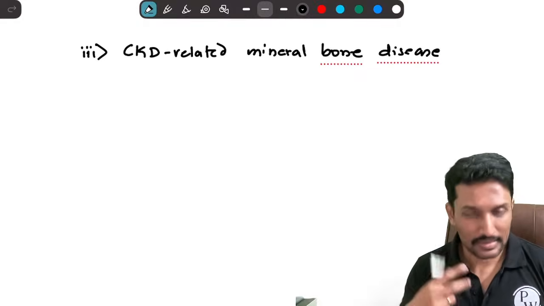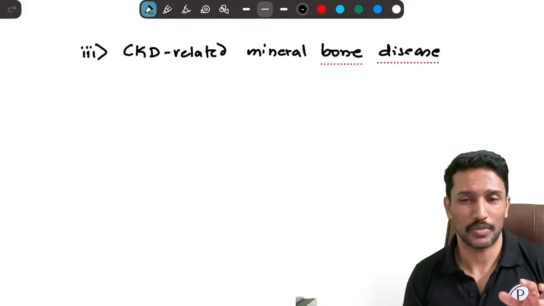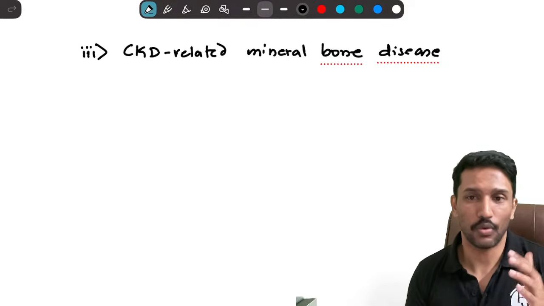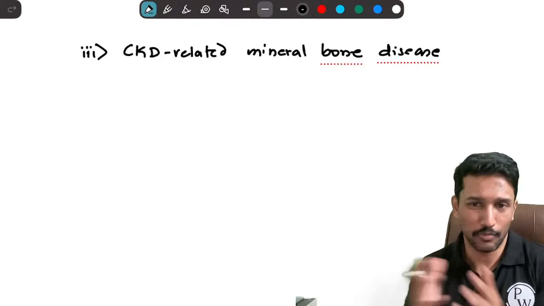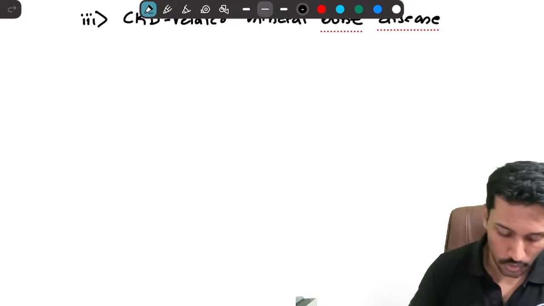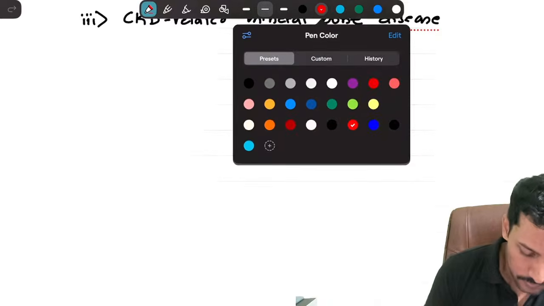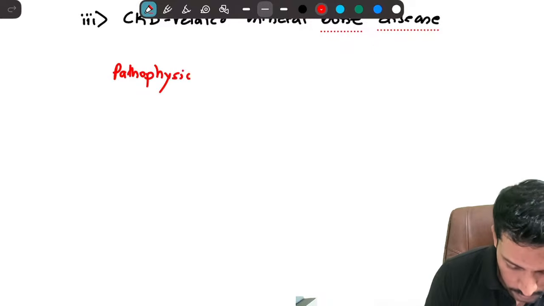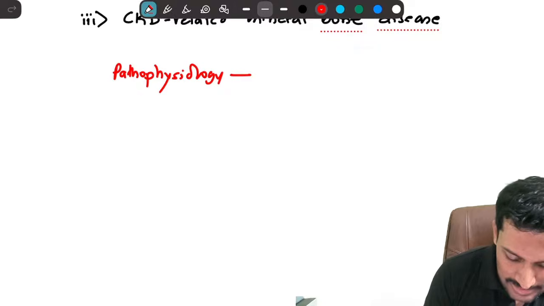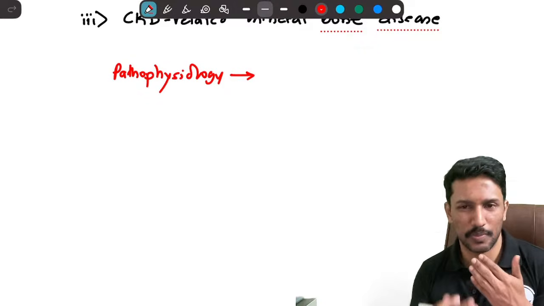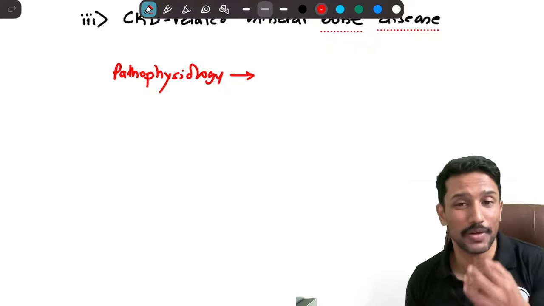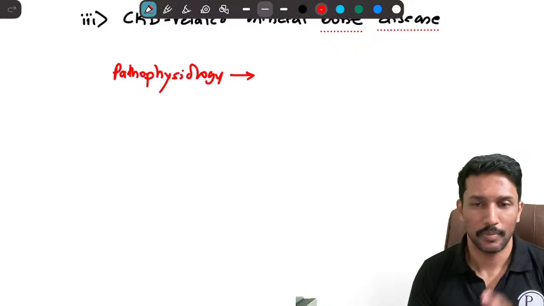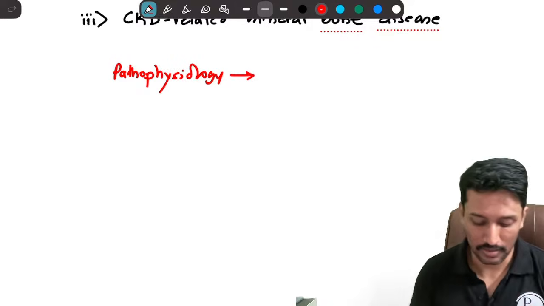And let us try to understand the pathophysiology, exactly why it happens. The root cause of why the bone gets affected is not abnormalities in the calcium. The main root cause is change in the phosphate, because excretion of excess phosphate that comes into our body is a function of kidneys. But if kidneys are dysfunctional, we start retaining the phosphate.